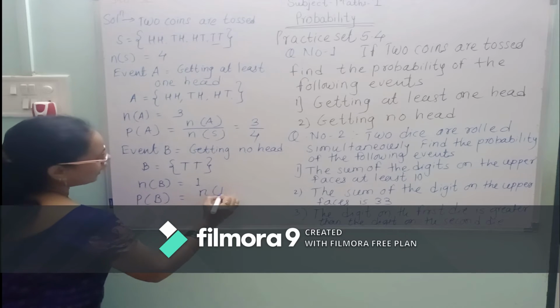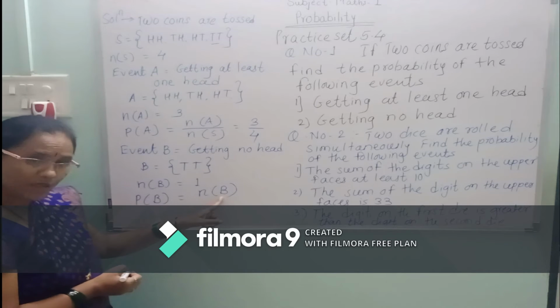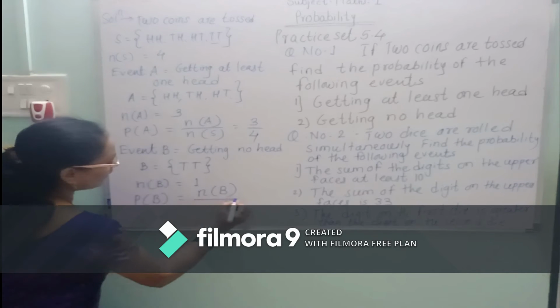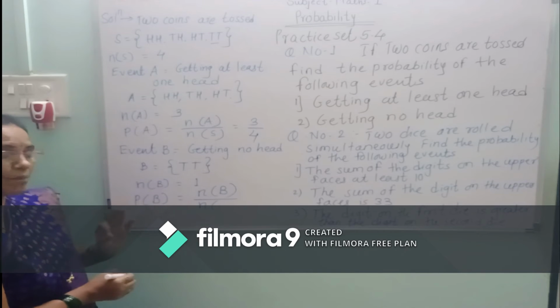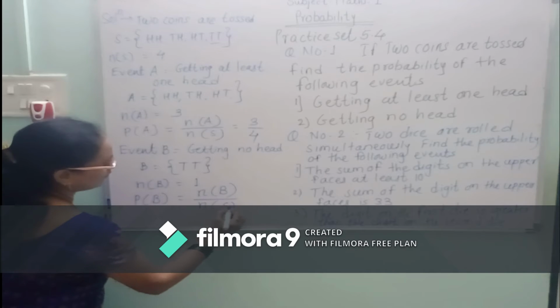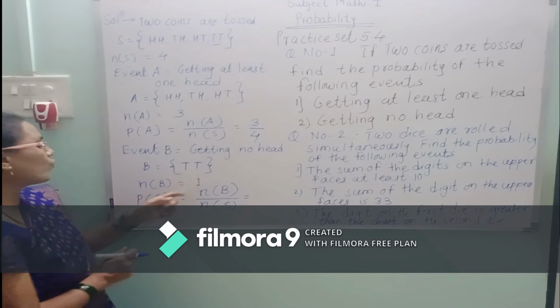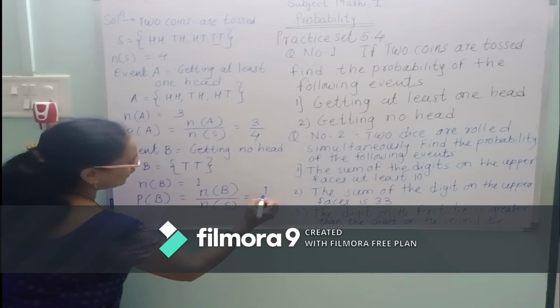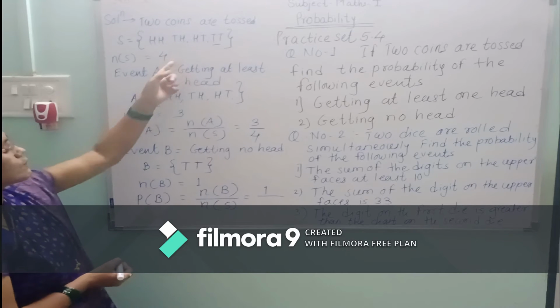Then we find the probability of event B. The formula is the number of sample points in event B divided by the number of sample points in the sample space. So n(B) is 1 and n(S) is 4.